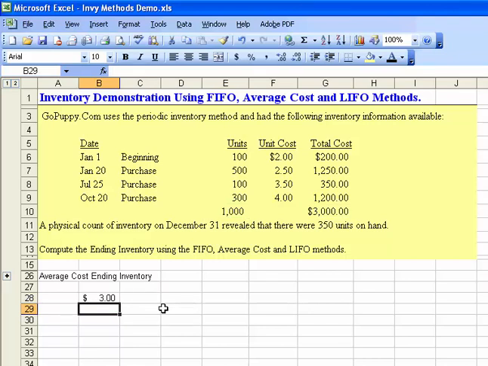Well, if we know our $3 is our per unit, and we know we have 350 units on hand, then we should simply be able to multiply that out and come up with, let me bold that, our average cost ending inventory of 1,050 using the average method. Okay, thank you.